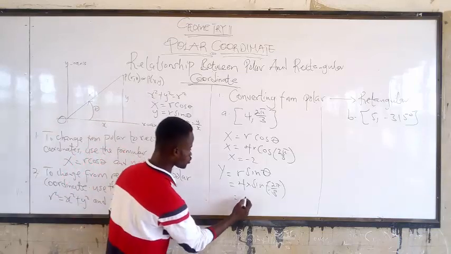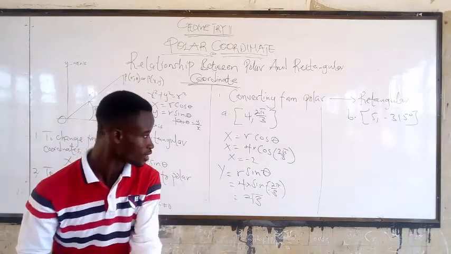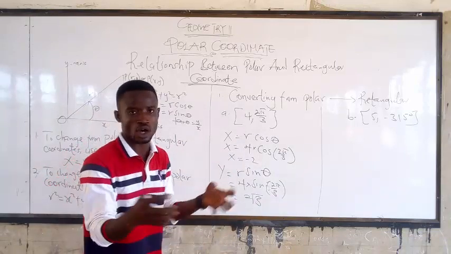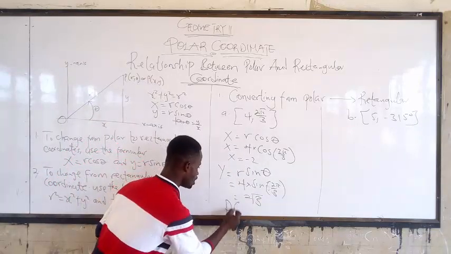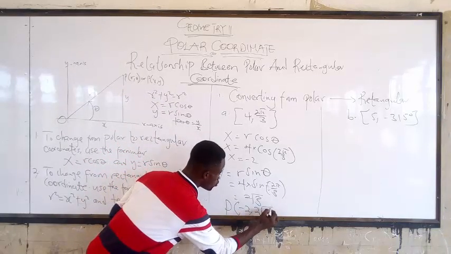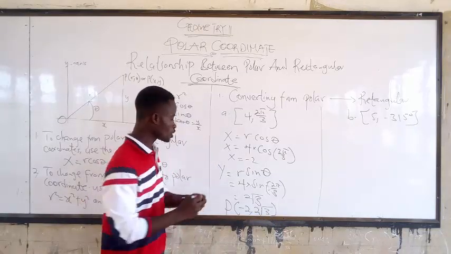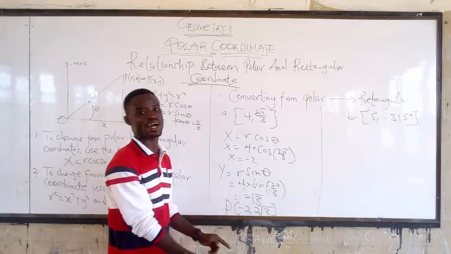Alright, and the result is going to be 2 root 3. Therefore, our rectangular coordinate is going to be negative 2, 2 root 3. So that's going to be our rectangular coordinate.